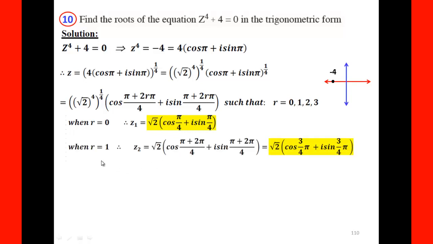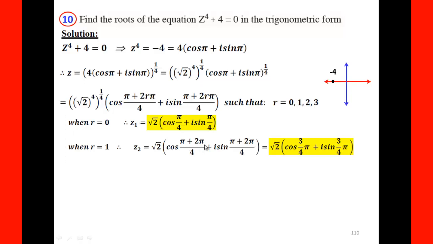When r equals 1, z2 equals root 2 multiply cosine pi plus 2 pi over 4. We substitute in this form, theta equal pi, and we substitute r equal 1. So multiply 2 by 1 by pi equals 2 pi.